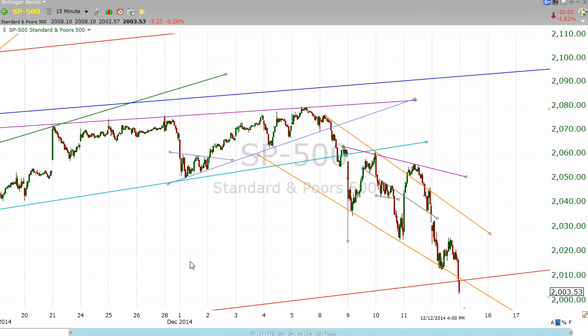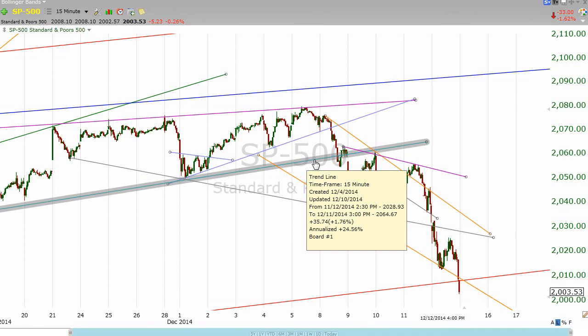we are again looking at a situation in which every potential descending support line that you can draw has been taken out. By the way, I do not think this is a head and shoulders pattern here, okay?